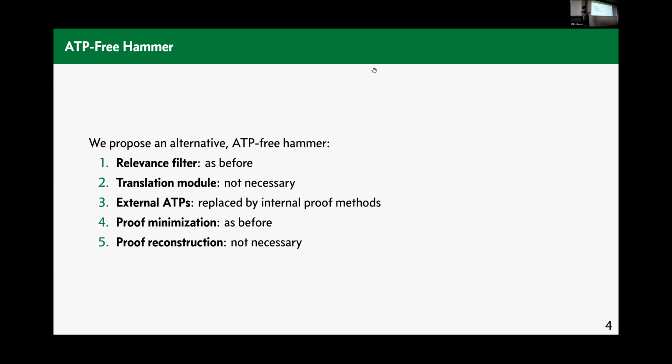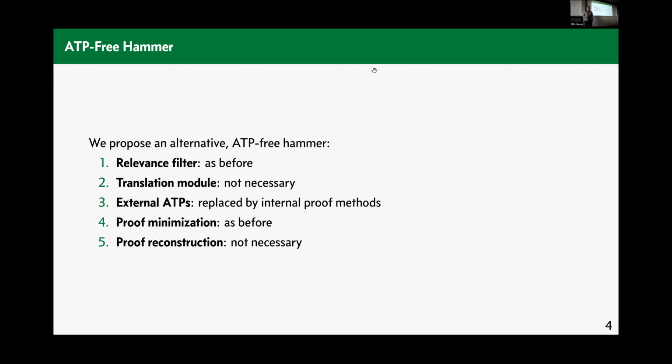And so you remember those are the components of a hammer that I described previously. And what we did is that we basically tuned those a little bit. So the relevance filter is exactly as before. There is no change there. There's no need for a translation module because the proof methods already know and understand Isabelle's internal representation.